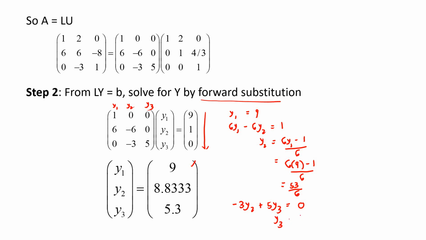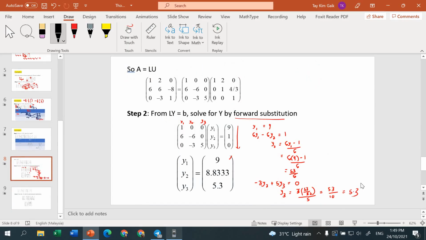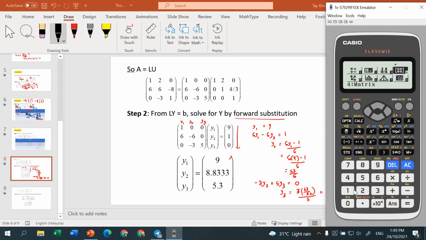So y3 equal to 3y2, where y2 is 3 over 6, divided by 5, and the result is 3 over 50.